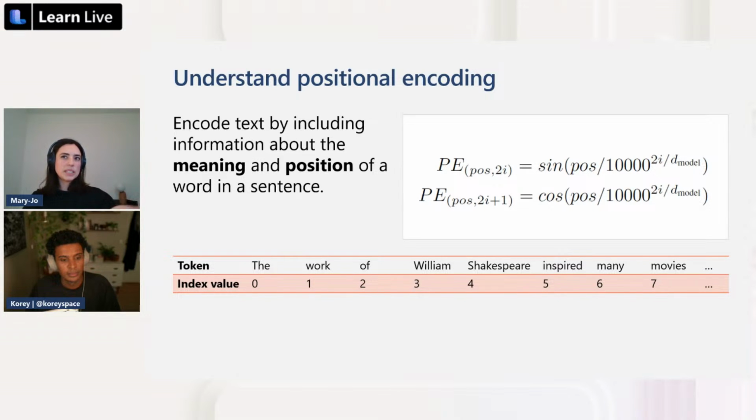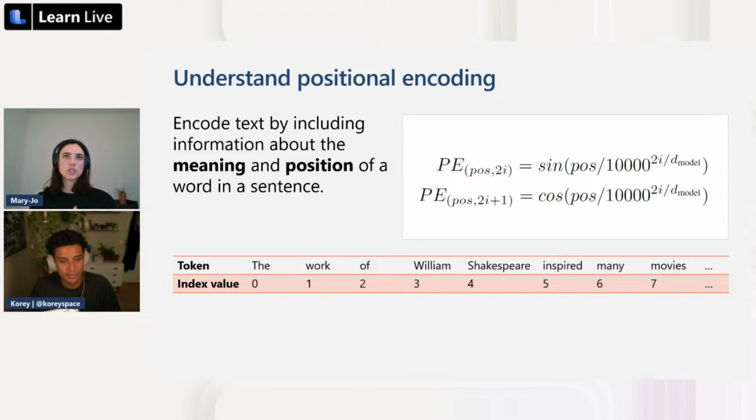The problem with doing it this way, however, is that the more text you have, the higher the numbers become, and that can be a bit problematic because sometimes computers can consider a higher number to be more important, and you want to avoid those kind of things. So for the math nerds in the room, you can already see that the formula that they used uses sine and cosine. In other words, it uses periodic functions.